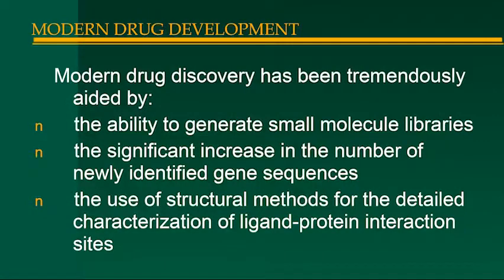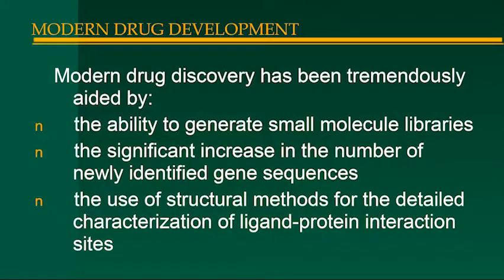Now, breaking with this tradition, right now we have major advantages in terms of drug discovery, and we are tremendously aided by, first of all, the ability to generate small molecule libraries. By small molecule libraries, we mean synthesis of many different types of molecules. And importantly, the significant increase in the number of newly identified gene sequences.